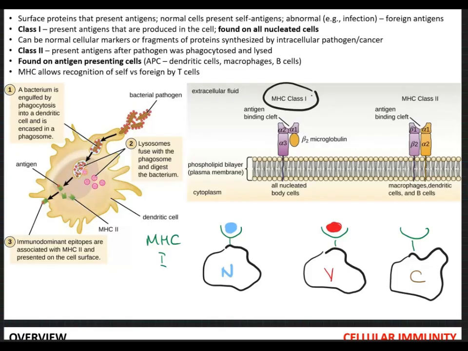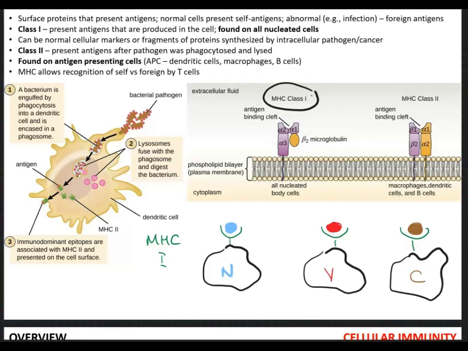The cell signals to the immune system, hey, I'm not in good shape. I should be killed. Cancerous cell, same story. I should be killed. Okay? And hopefully your immune system, specifically T cells, can find those bad actors and destroy them.